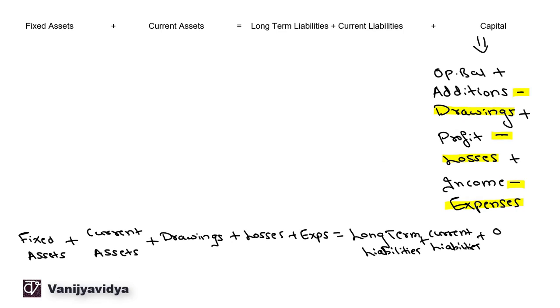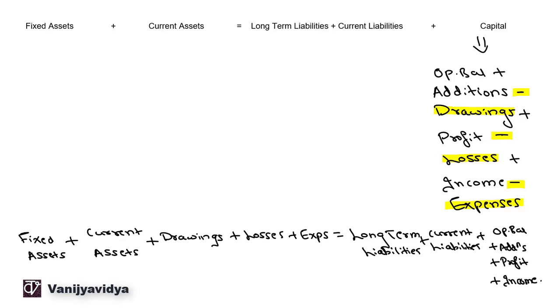Now capital will have your opening balance plus your additions to opening balance plus your profit plus your income.